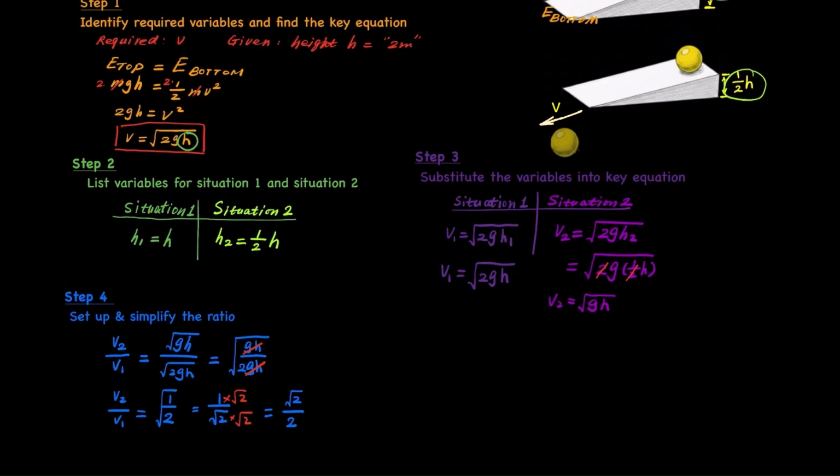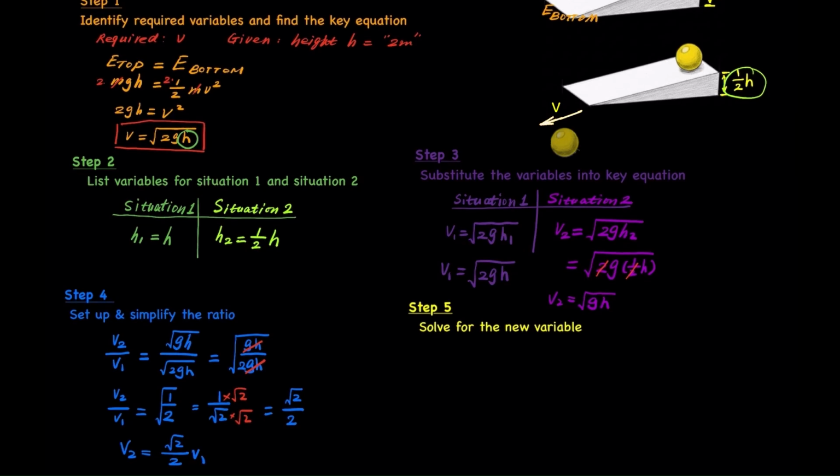To solve for the new speed v2, we just multiply v1 to the other side of the ratio equation. This gives us v2 equals root 2 over 2 multiplied by v1. The final step is the easiest one. We just need to replace the variable v1 with the value given in the problem. The problem stated that the original speed, while the incline's height is h, is simply called v, right?